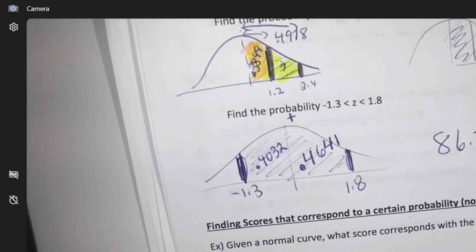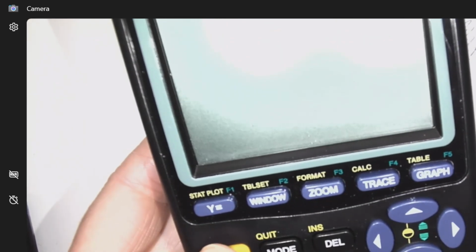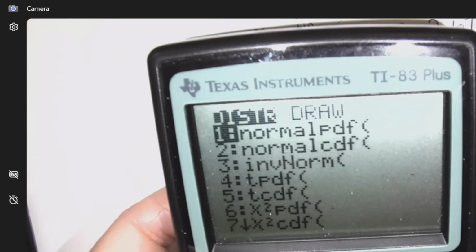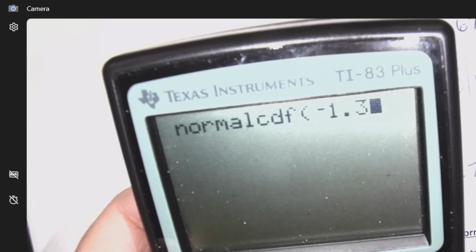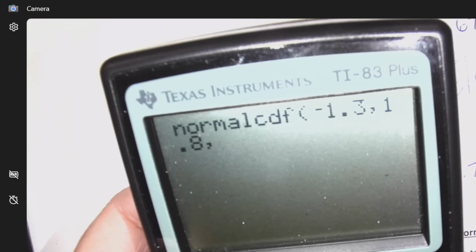Okay, so this is what we did in grade 11. You want to have a recall of what we did? We did, what's the distribution? The normal distribution, and then I went from negative 1.3 to 1.8.